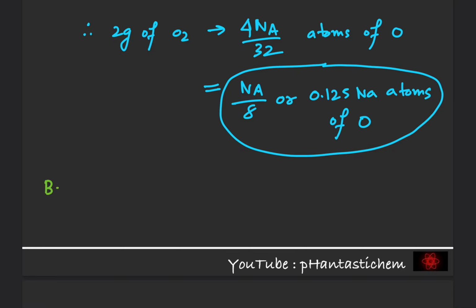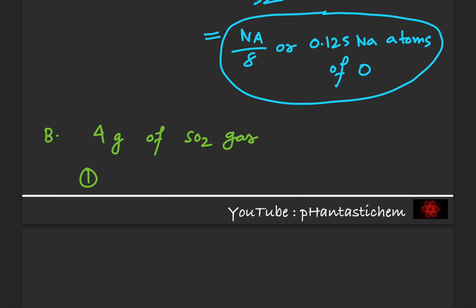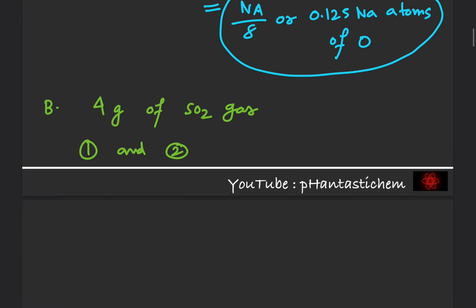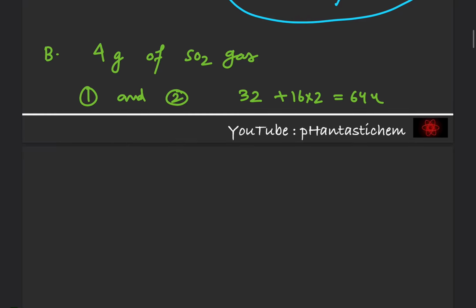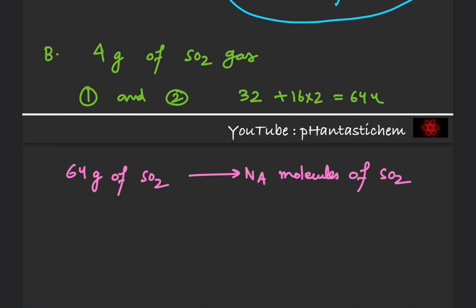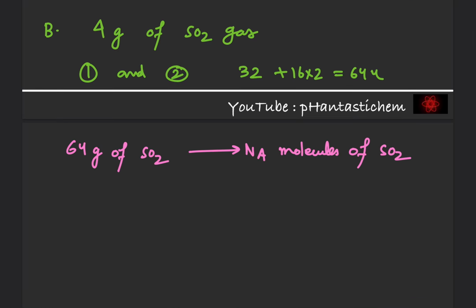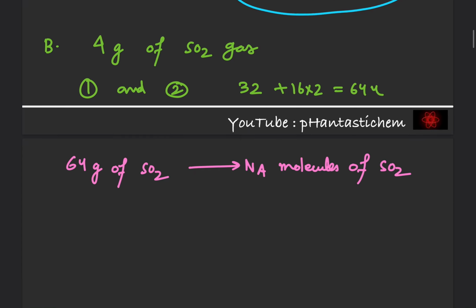Next, we have to calculate the number of atoms in 4 gram of SO2 gas. Using definitions 1 and 2, the molecular mass of SO2 is 32 plus 16 into 2, that is 64 u. So 64 gram of SO2 will contain Na molecules of SO2.